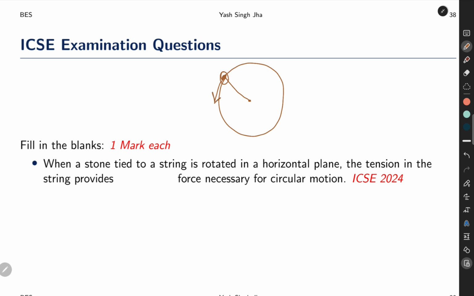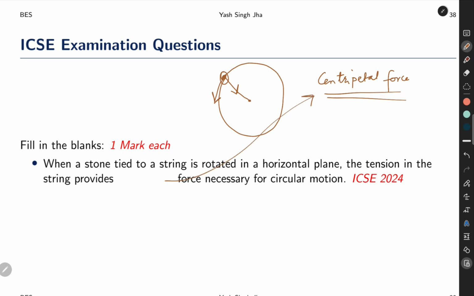So the force necessary for a body to undergo circular motion is, we know, called the centripetal force. In this case, the tension in the string is providing the necessary centripetal force. So the answer is centripetal force.